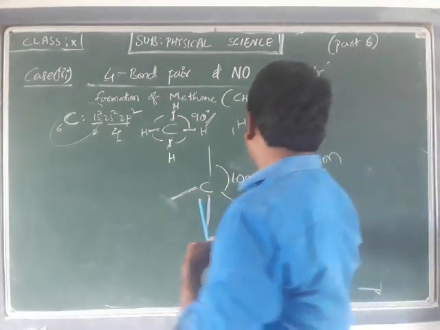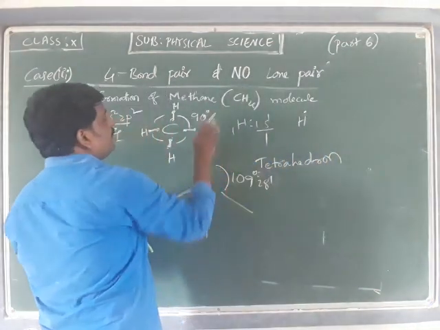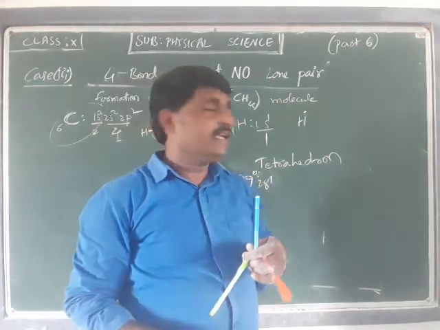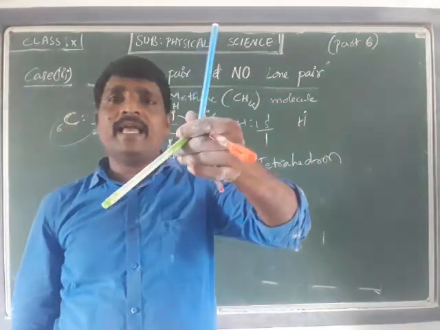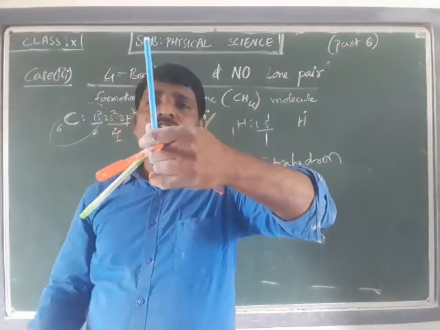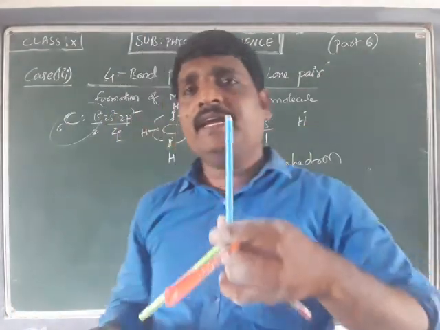Instead of taking 90 degrees, 109 degrees 28 minutes has been taken as the bond angle for the formation of the molecule in the tetrahedron shape.